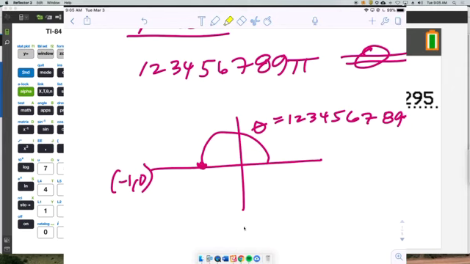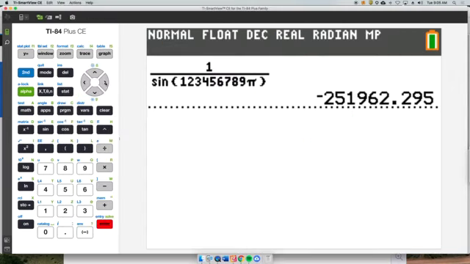If you were to type in just 1 over sine of, let's do this, second enter. If you were to make that angle a much smaller multiple of pi, I'll show you. Let's make it 1 over sine of 9 pi.